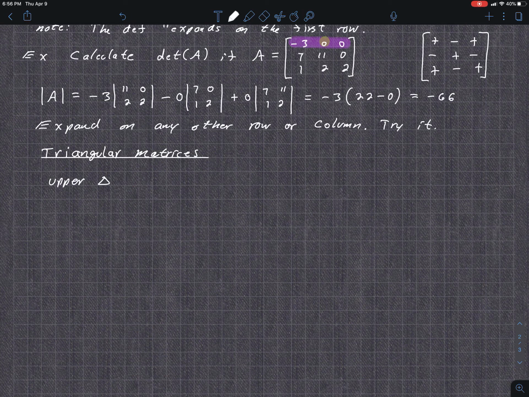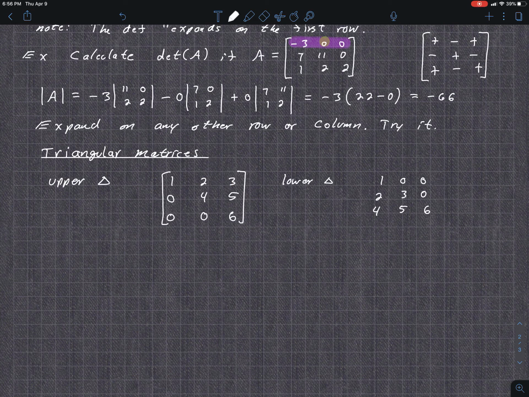So upper triangular looks like this. Basically the bottom are zeros. So if you have like 1, 2, 3, 0, 4, 5, 0, 0, 6, that would be upper triangular. And then you have lower triangular.